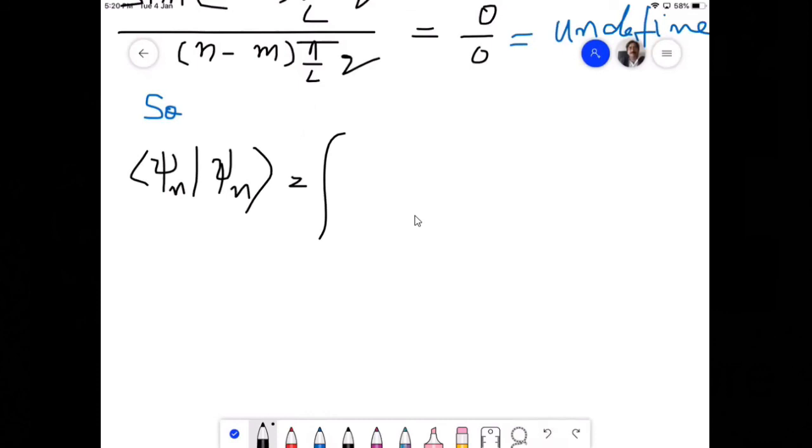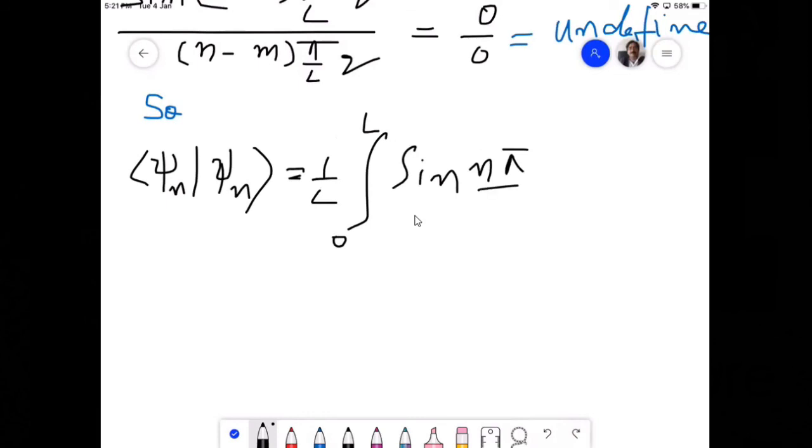That will be equal to 1 by l, integral from 0 to l of sine square (n pi over l q) dq. We have solved this integral already. Do you remember the value? What is the value of this integral?